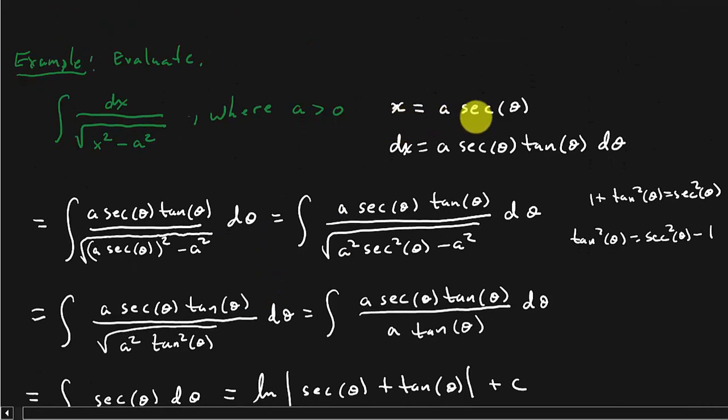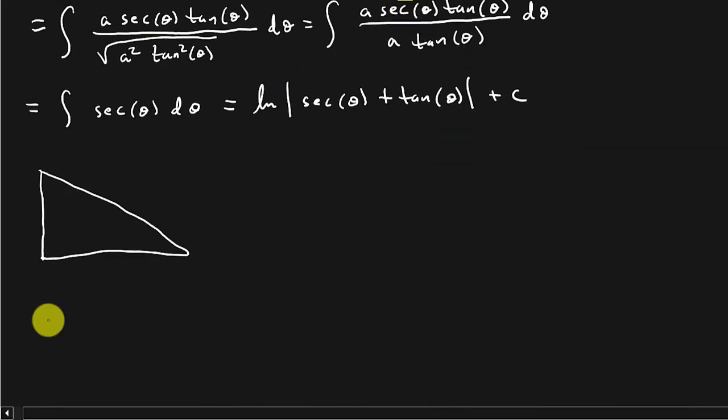All right, what was my substitution? X equal a secant theta. So secant theta is equal to x over a. And if I call this theta, all right, well, remember, cosine is adjacent over hypotenuse.